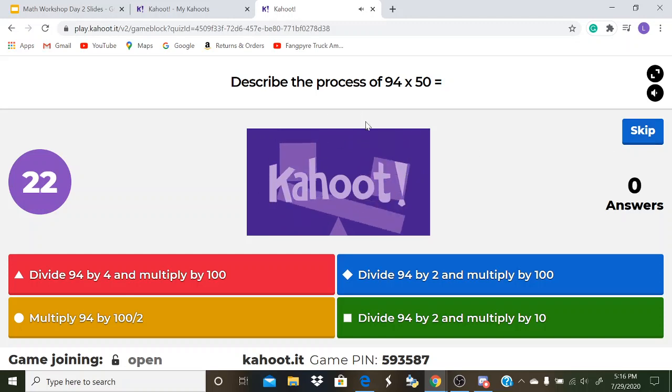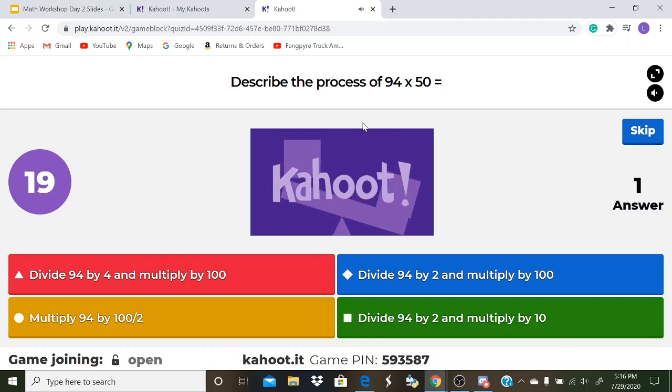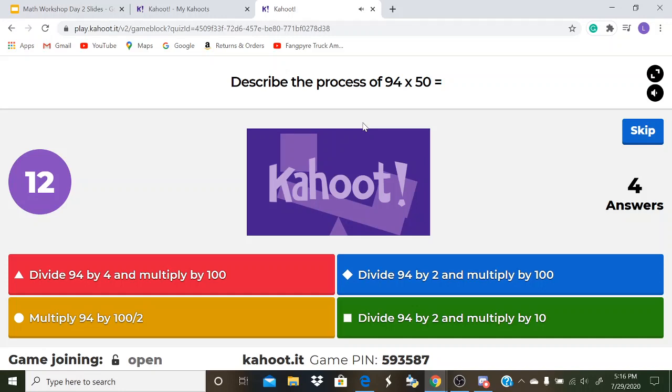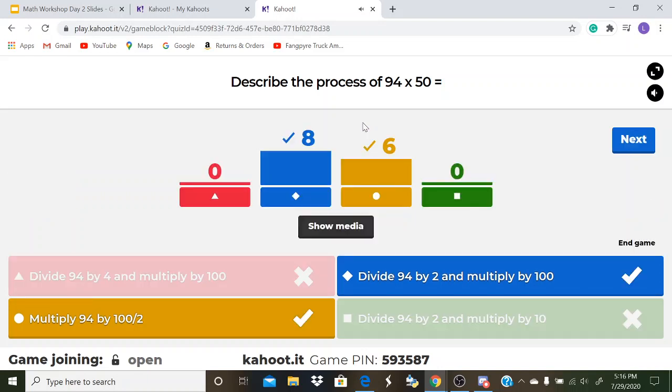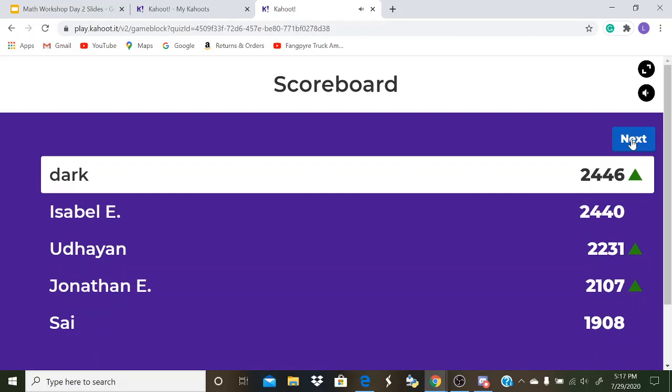This is a process, so just how would you do this in words? Yep, good job, wow. Oh wait, everyone got it? Yeah, everyone.